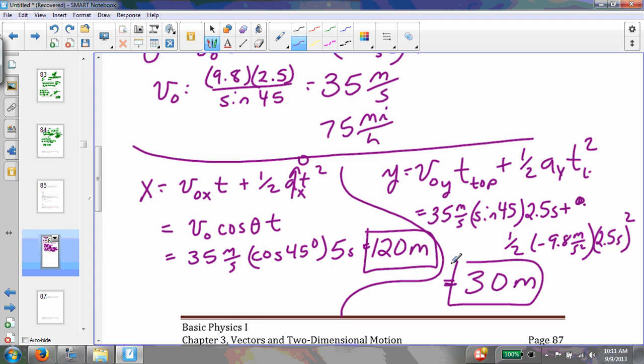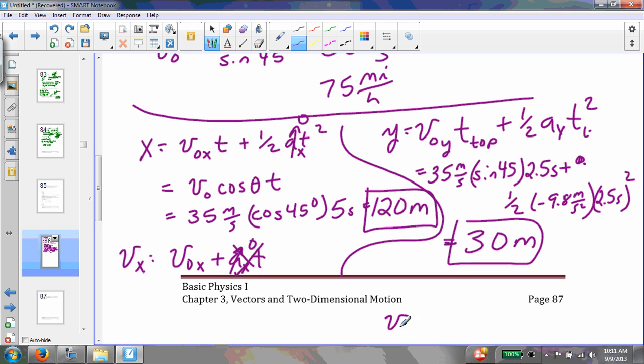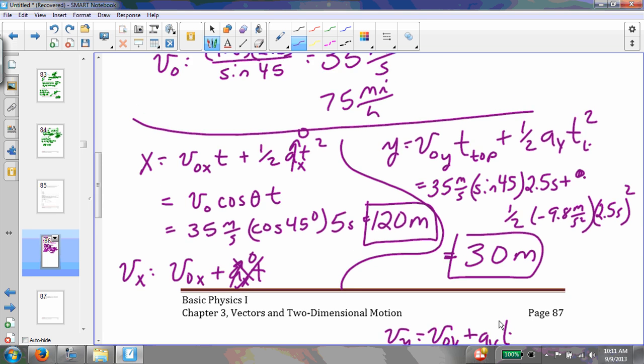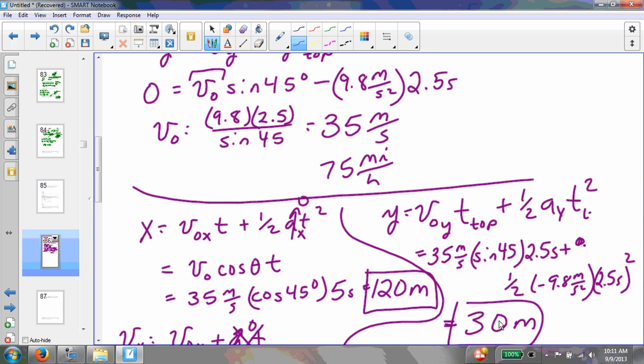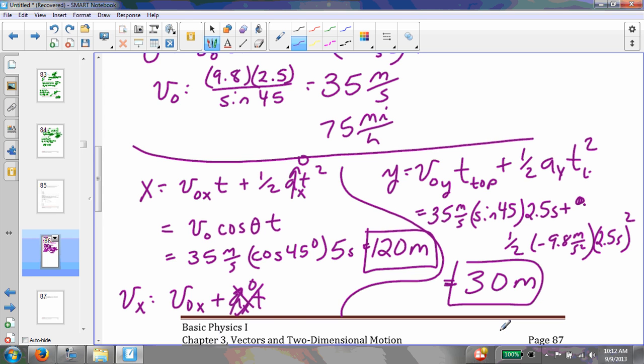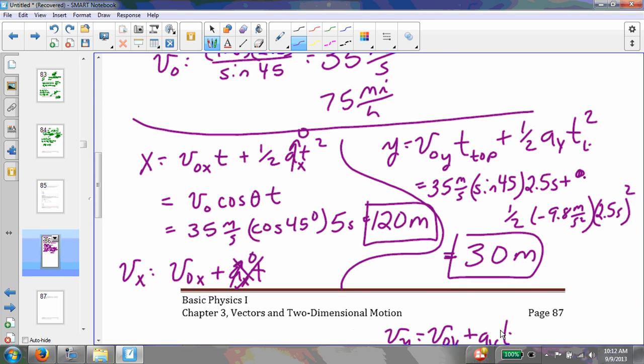Now, what if I were to ask what was the final speed of the object? You could do this whole thing, and we did this before. Vx is equal to v naught x plus a_x t. But then you'd say, oh, but a_x is equal to 0, so Vx is just equal to v naught x. Then you could do a similar thing for Vy, v naught y plus a_y t, and you would find that Vy is just the negative of v naught y, because he's going up and then coming back down.